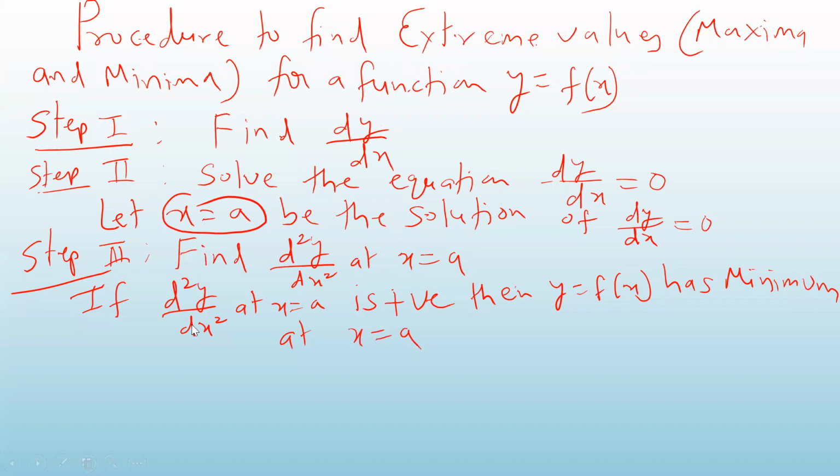If the second order derivative is coming as positive, then the function will have minimum value. And what is the minimum value of the function? The minimum value is given by y equal to f of a. x की जगह पर a को रखना.